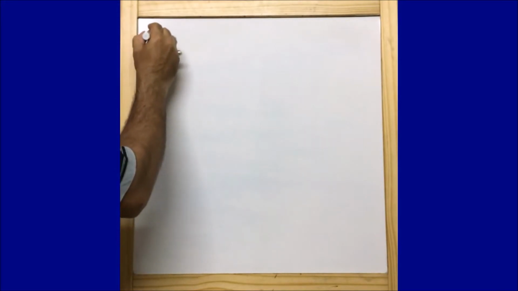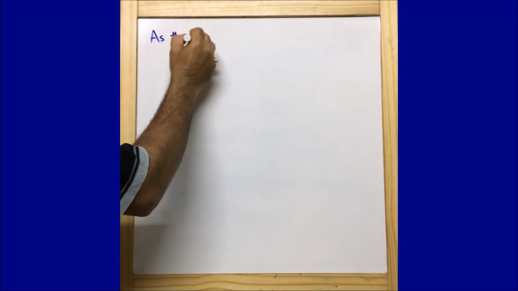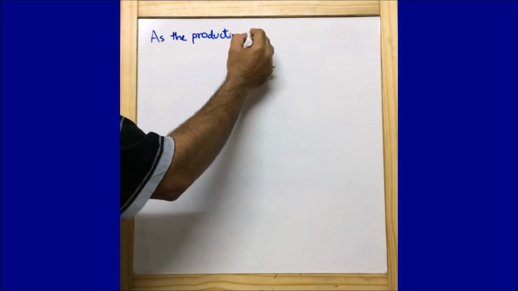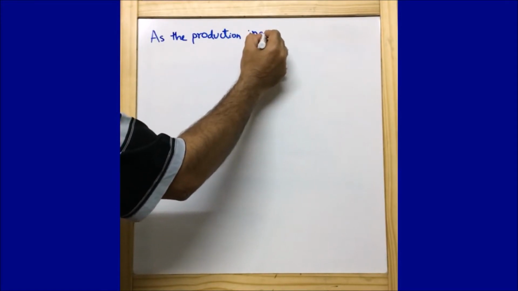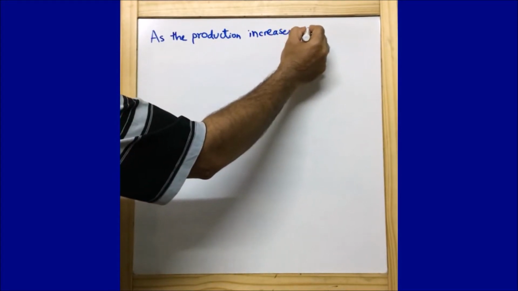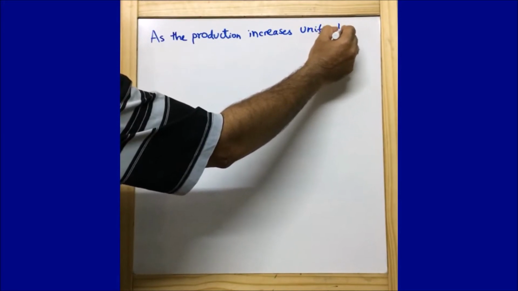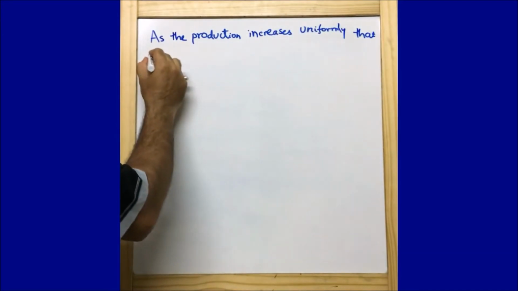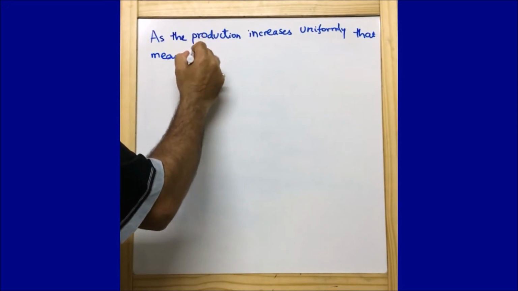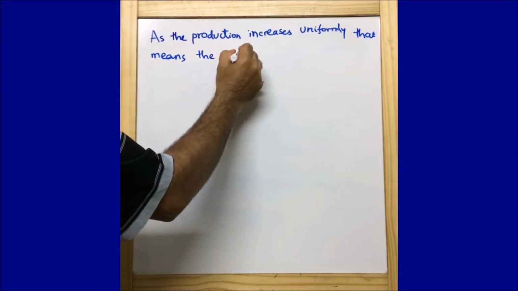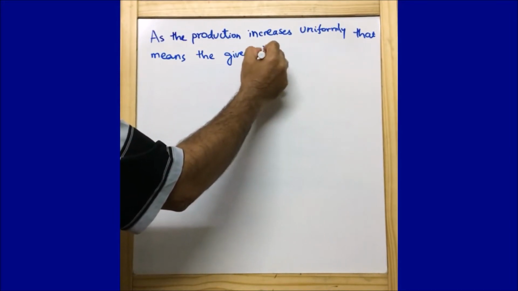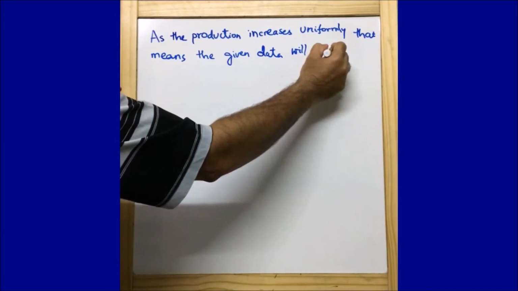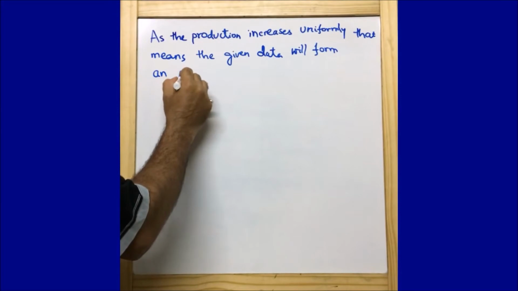So we can write here that as the production increases uniformly, the given data will form an arithmetic progression, an AP.